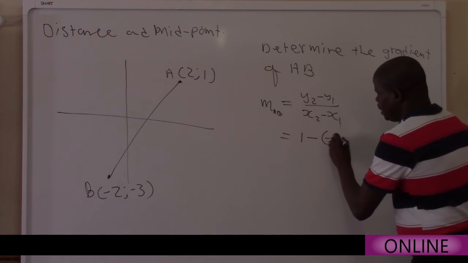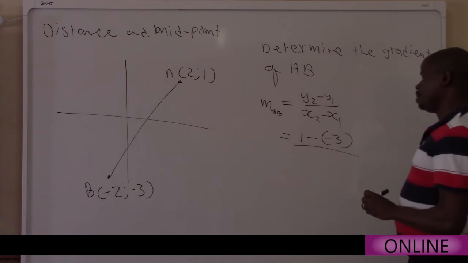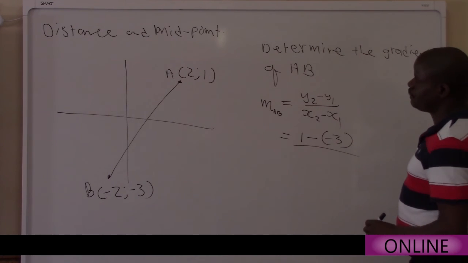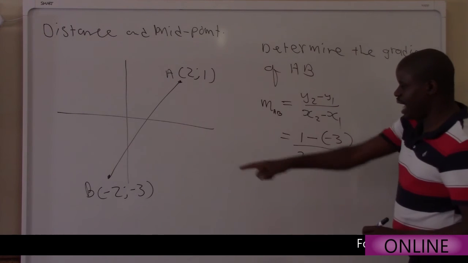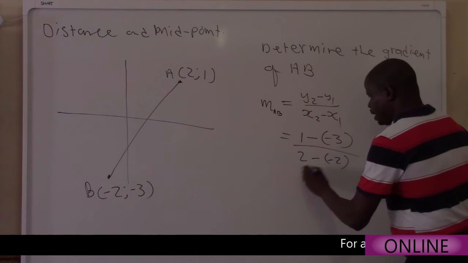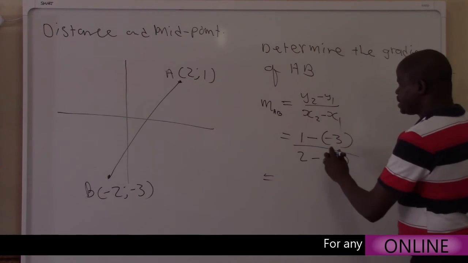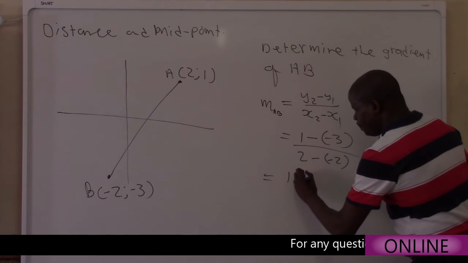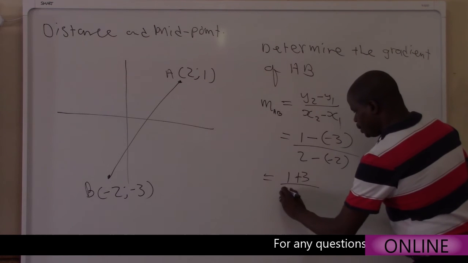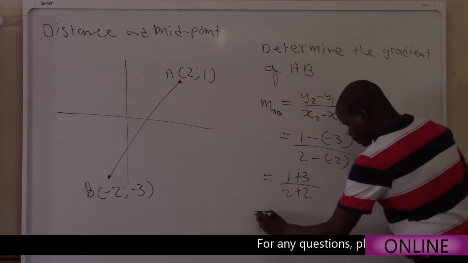So we use the brackets there, because this is the negative and the negative. And then again, the x value at A is 2 minus the x value at B, it's also the -2. So in this case, it is negative times negative, so it's 1 plus 3 over 2 plus 2.